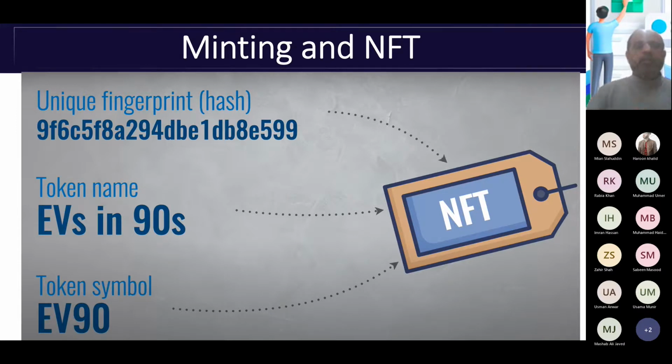If any changes happen, then you will immediately know that this is not the original piece of art, because the artist himself has computed the hash. Obviously the software will do this for him or her, and it has a unique fingerprint, and he needs to name this token so that people can know it with this token, and then there has to be a token symbol.